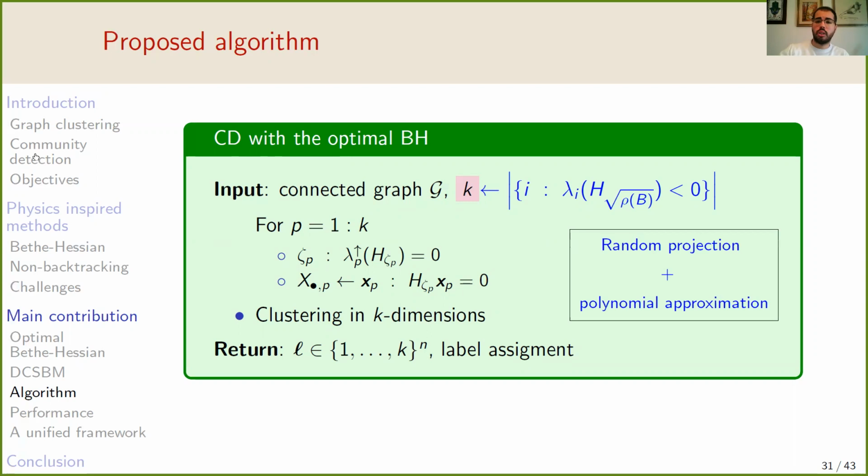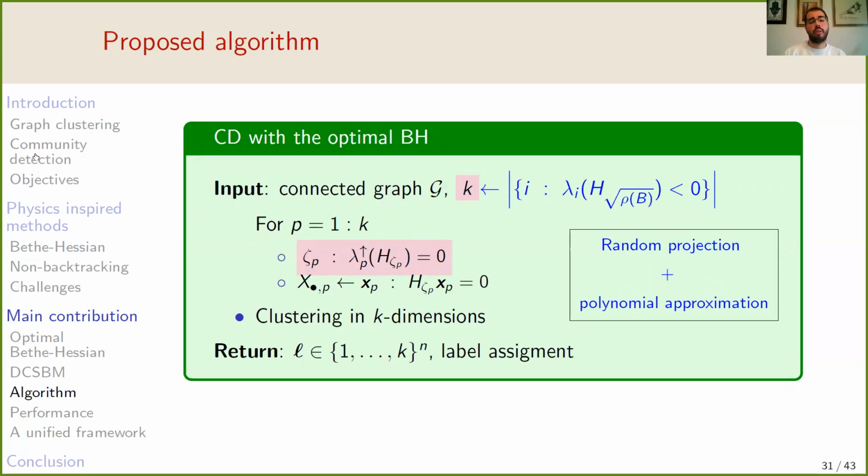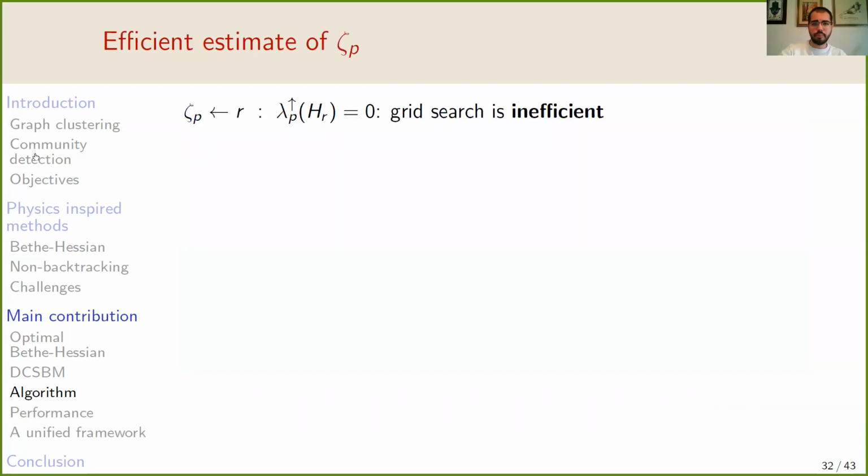We solved it using random projections and a polynomial approximation, which works particularly well, especially when we have large values of k. But now we also focus more in particular on the problem of how to estimate the values of zeta p efficiently. Now, zeta p is nothing but the solution of a simple equation like lambda p of H_r is equal to 0.